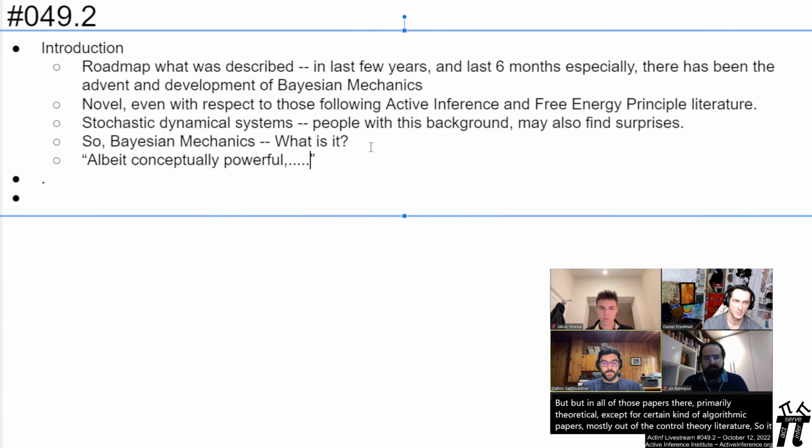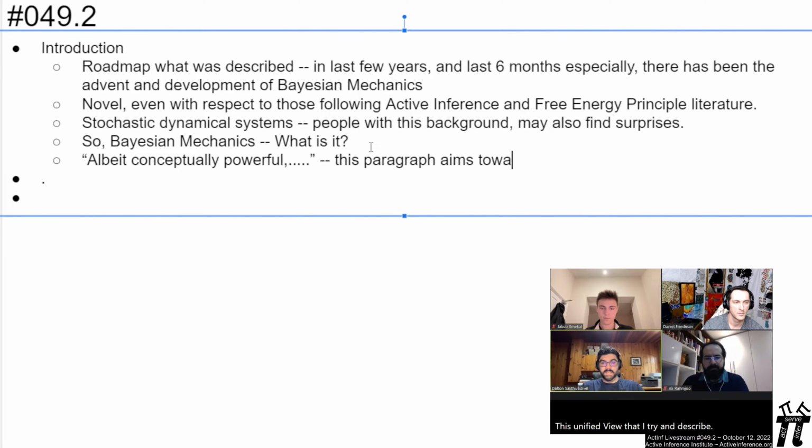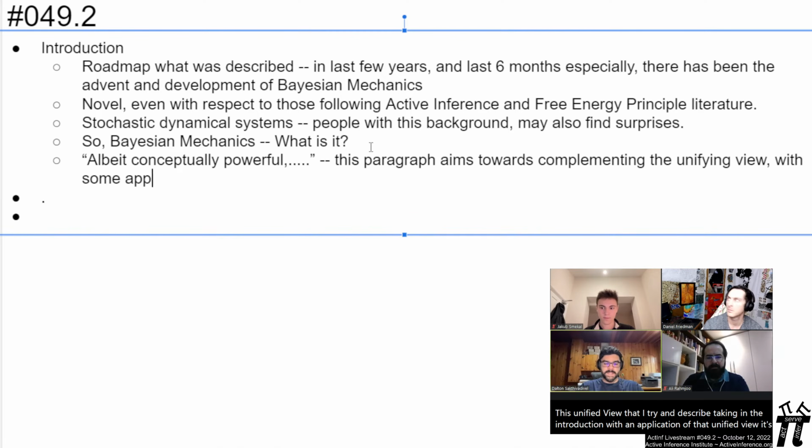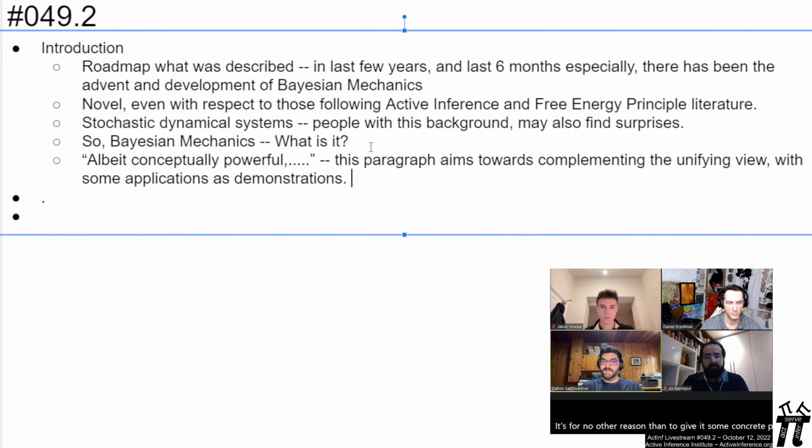So it is worth complementing this unified view that I try to describe in the introduction with an application of that unified view, if for no other reason than to give it some concrete particulars.